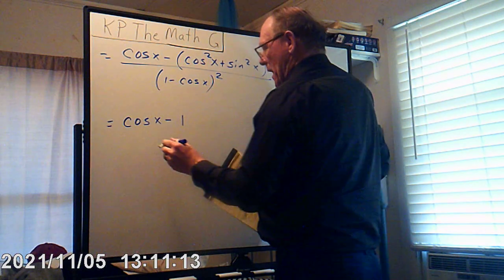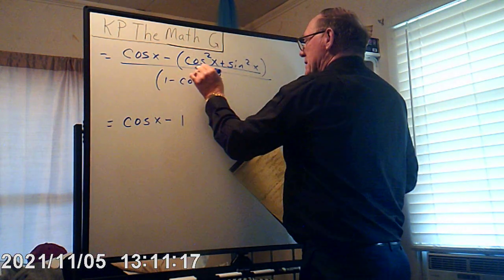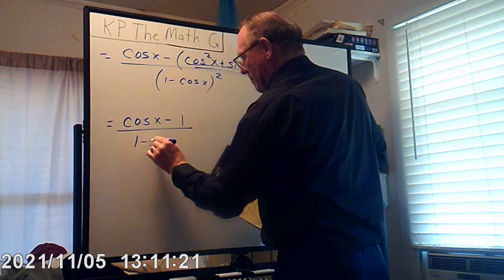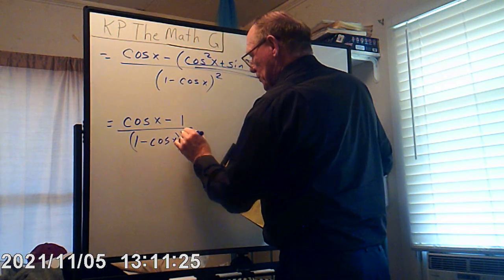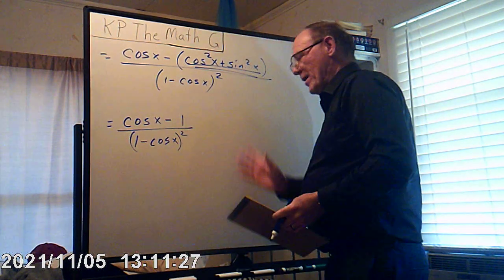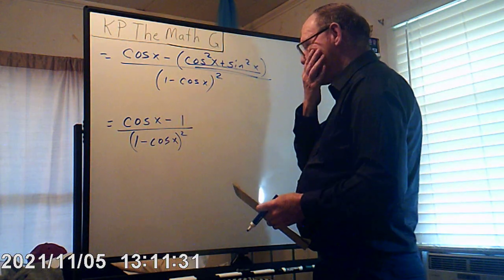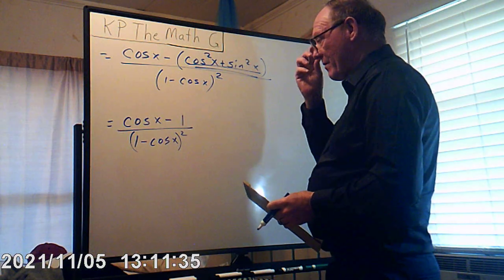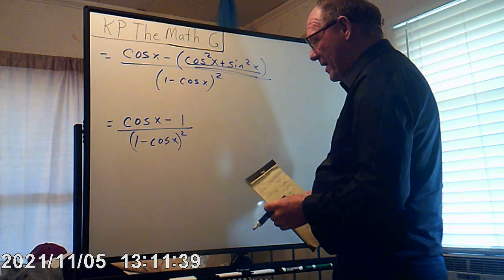Minus 1, all of this, so that's going to be over 1 minus cosine x squared. One thing I can do, I can flip this around. I can factor out a negative 1, and that will be the same as this.